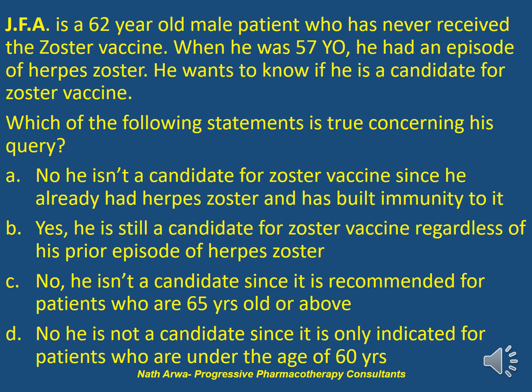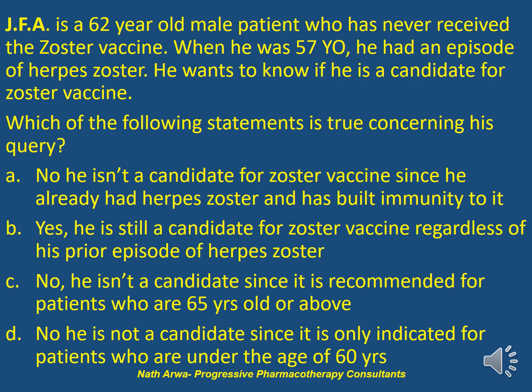Which of the following statements is true concerning JFA's query? Should you answer him A, no, you are not a candidate for zoster vaccine since you already had a bout of herpes zoster and therefore have immunity to it?